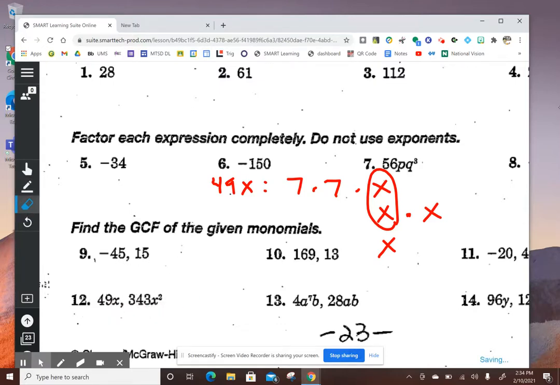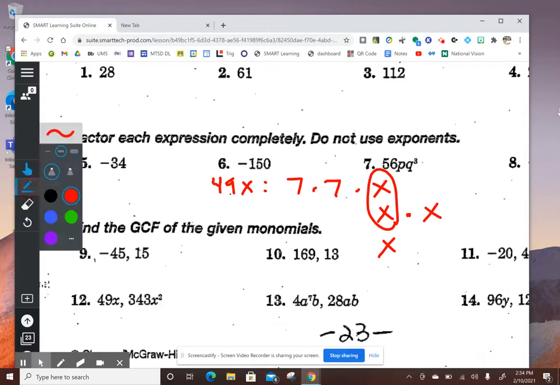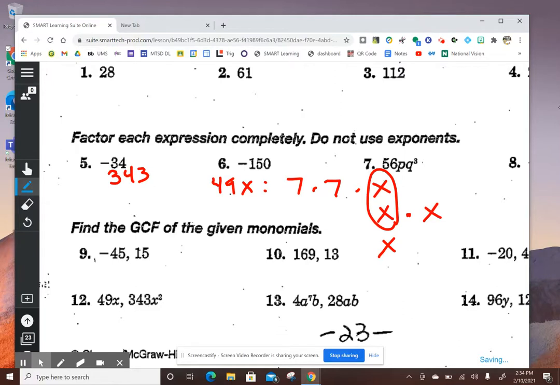Now, 343. I know 7 goes into 343. 7 goes into 34 4 times, and it goes into 63 9 times. So this ends up being 7 times 7.